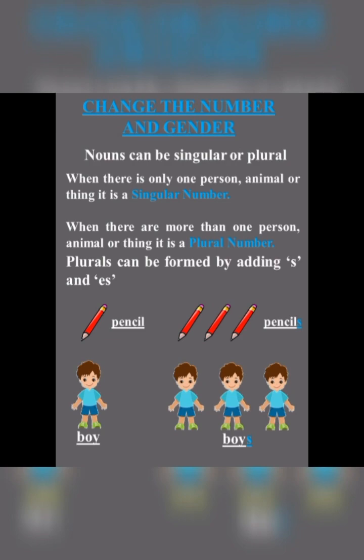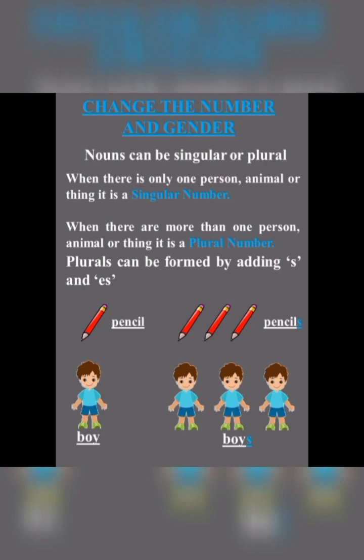Nouns that end in a vowel plus y are formed by adding s to the singular.